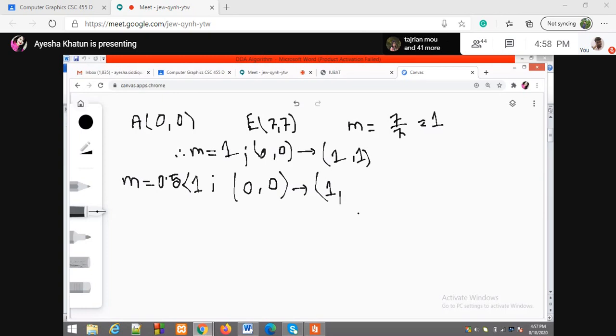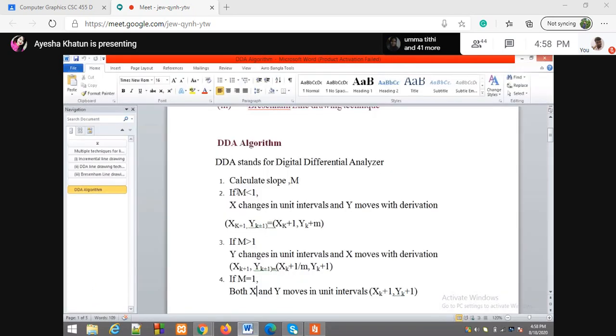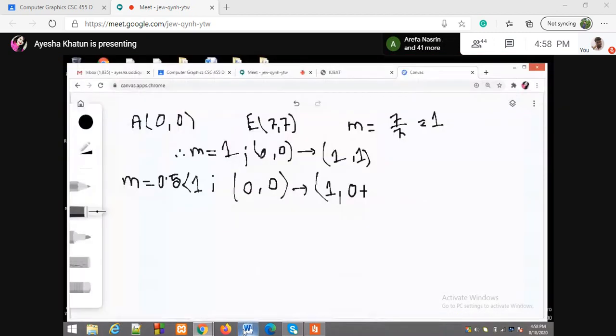See the algorithm. If m is less than 1, then x will change in unit interval. That means it will be incremented by 1 and y will be yk plus m. That means yk is the initial value of y, that is 0, and then plus m, whatever the m value. So we have assumed m value 0.5. Ma'am, how many times or how long should we increment this value?